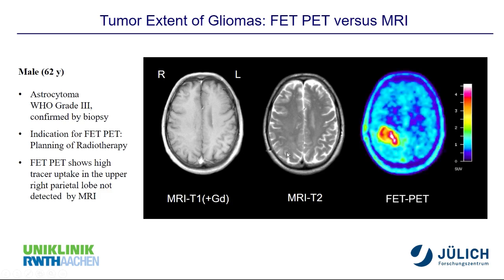FET PET detects infiltrating tumor in this area. This case demonstrates impressively that amino acids like FET can cross the intact blood-brain barrier and depict tumor tissue, which shows no contrast enhancement on MRI, and in this case even no abnormality in T2-weighted MRI.